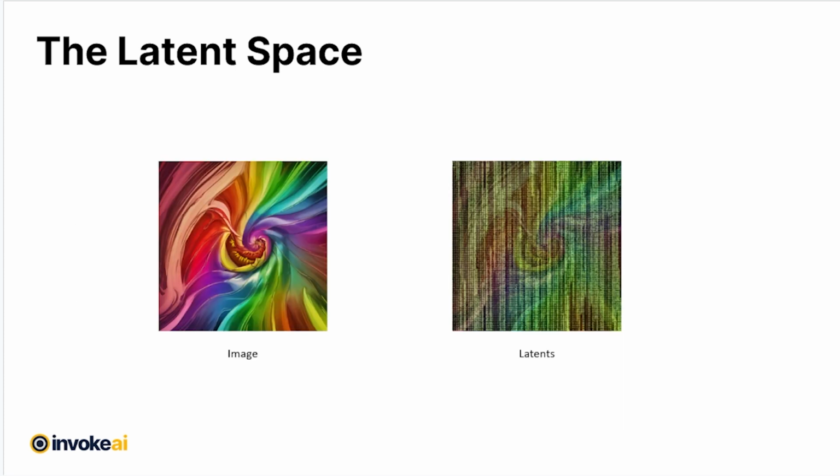And in Invoke, you'll see reference to two different states of an image. The image as it is seen by us, and that is just an image, a PNG file that you would normally find on a computer, and then the latent version of that image, which is what a machine learning model can interact with, and the format that can be used for most of the operations that involve machine learning in workflows.